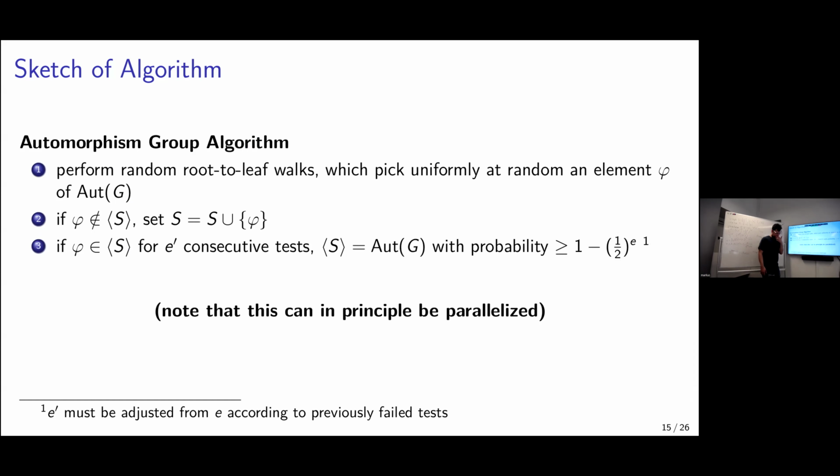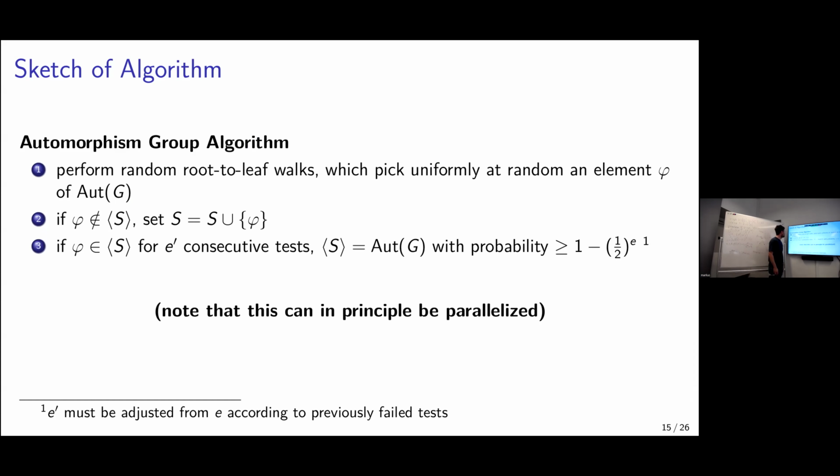If we've started increasing this E in our algorithm, but then the test fails, we've used up that error probability, and then we need to increase the E accordingly. There are some things to take care of, but it's not terribly difficult.